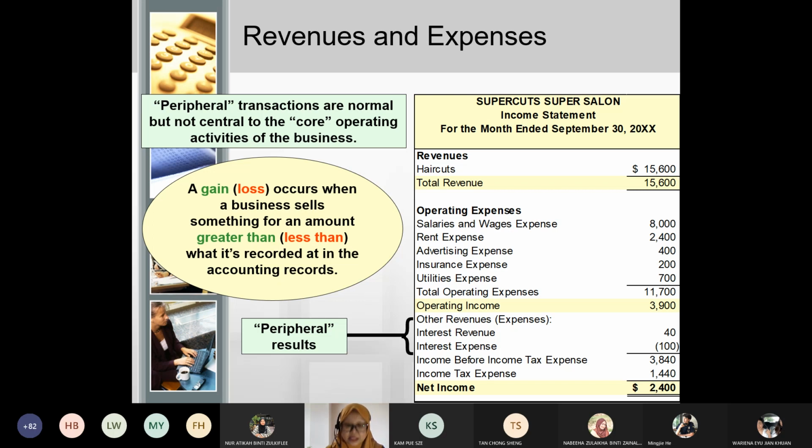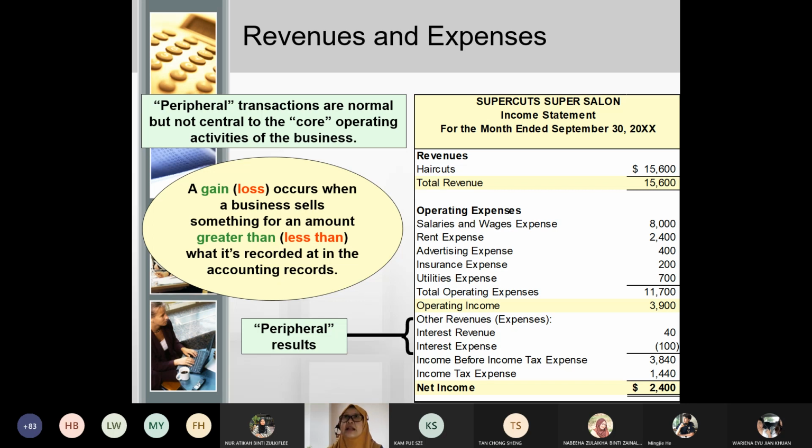So revenue and expenses here: some other common peripheral transactions. A peripheral transaction here means a normal transaction, but it's not core. You understand? It's a normal transaction, but not part of the normal operating activities. These common peripheral transactions are such as gains and losses from selling assets of the business.